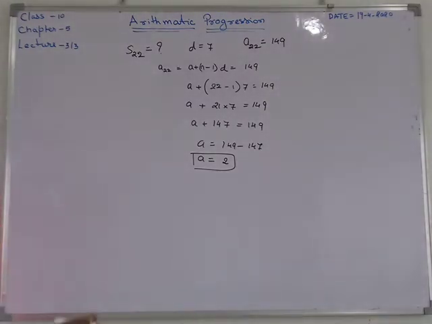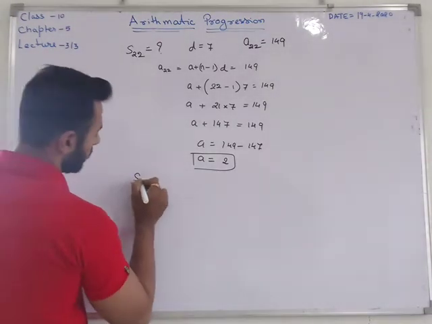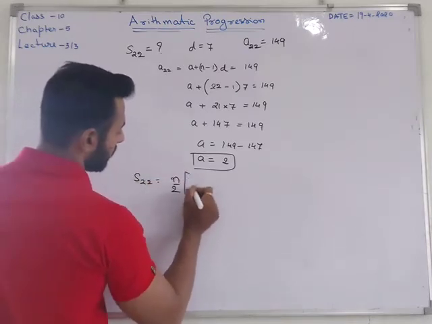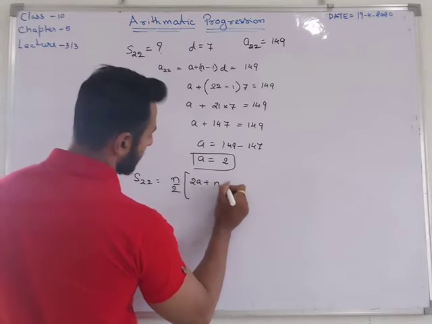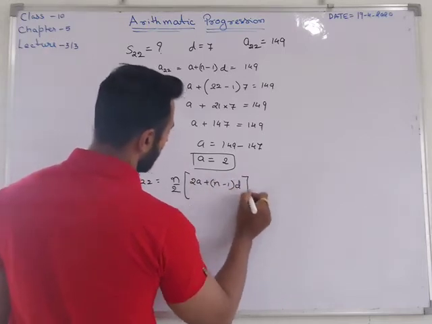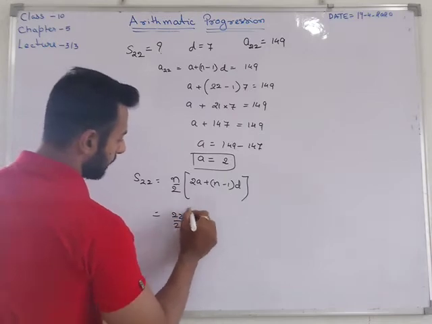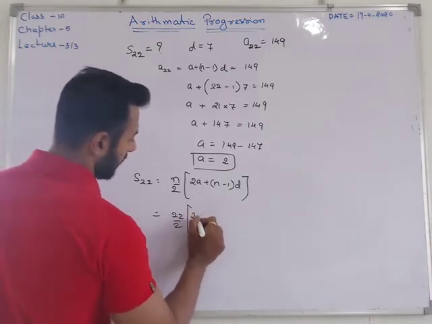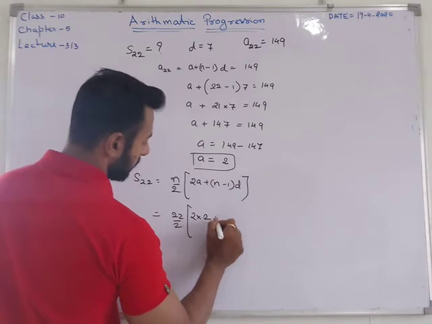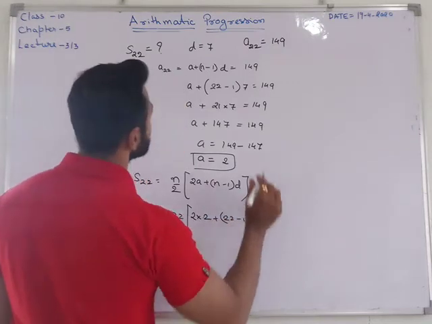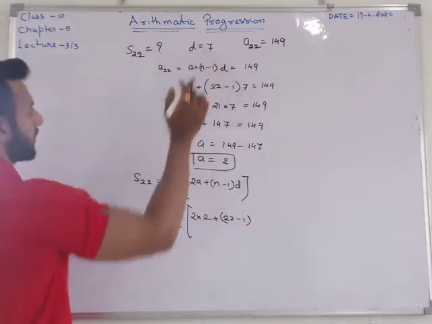Now we have to find out the value of S22. S22 can be written as n by 2 times (twice of a plus n minus 1 into d). n is 22 by 2, twice of a, a is 2, plus 22 minus 1 into d, d is 7.